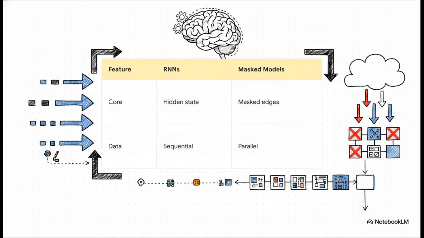Masked models, however, take a completely different route. They use a standard network structure but simply erase, or mask, the paths from future variables. Because they literally block out the future data, they can actually process all the input data in parallel during training without accidentally cheating by looking ahead at the answer. I mean, how incredibly clever is that?